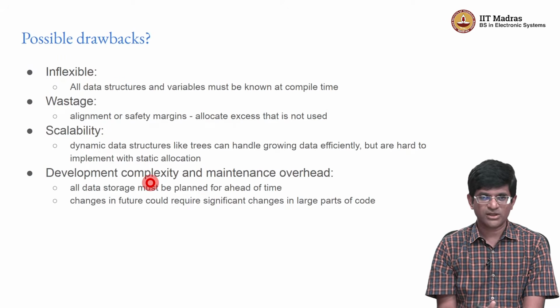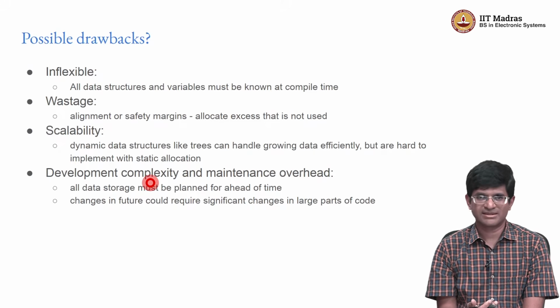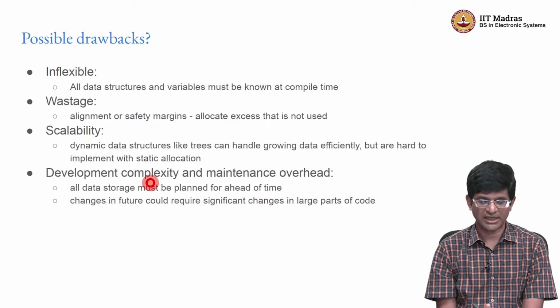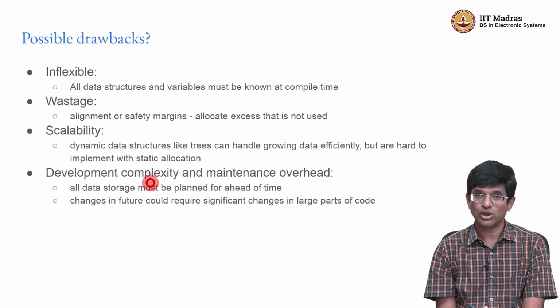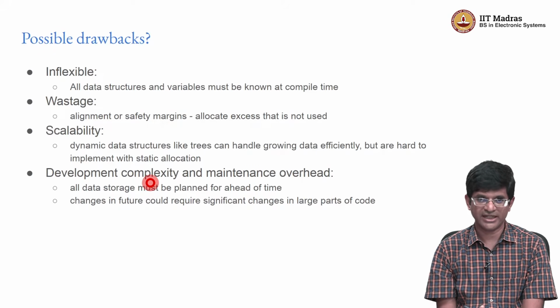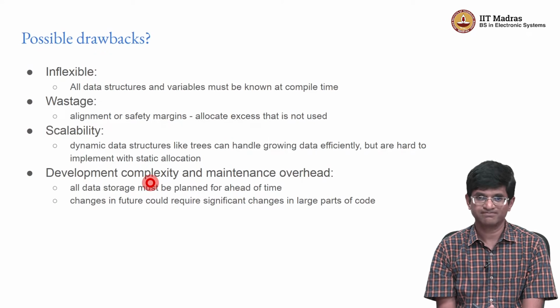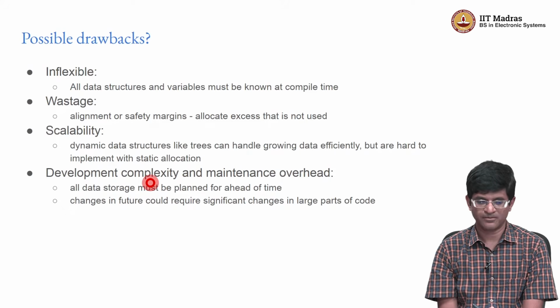What are the possible drawbacks of static memory allocation? It's relatively inflexible. Everything that you want to allocate must be known at compilation time. And you could also end up wasting space, right? You allocate an excess of data that is not really being used. Scalability, especially things like dynamic data structures like trees and so on, can be used in order to handle certain kinds of data growth very efficiently, but at least they're not easy to implement using static allocation.